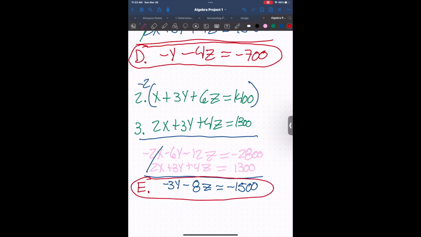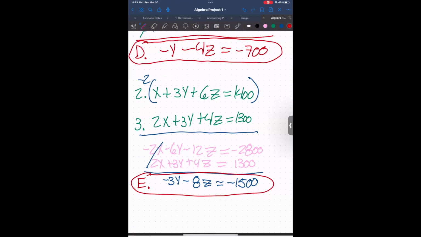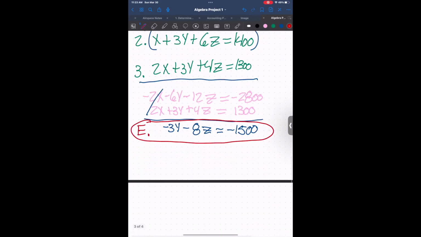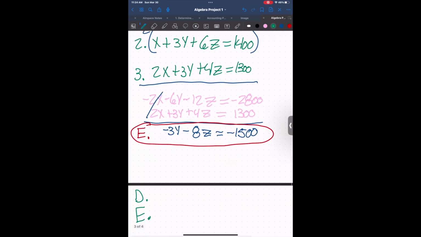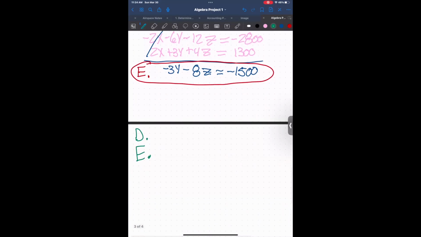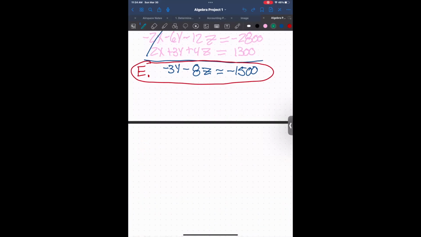Okay. So we're going to take E and D, and we're going to compare them to solve for the variable. I think we're going to choose y as our variable. So we're going to take our solutions. So this is going to be D and E. It shouldn't make a difference. Okay.